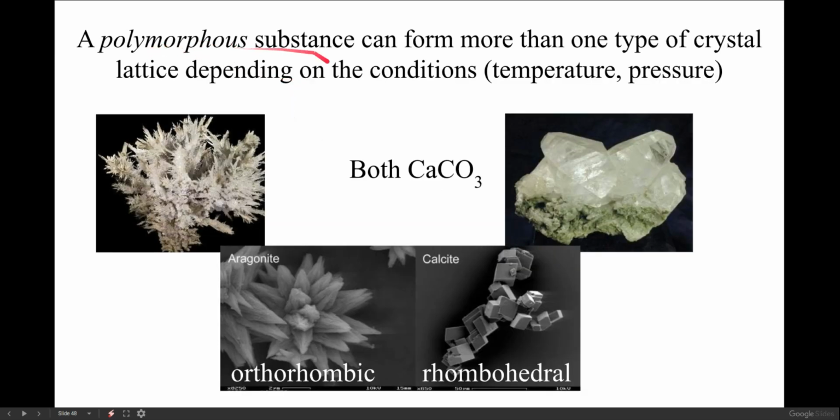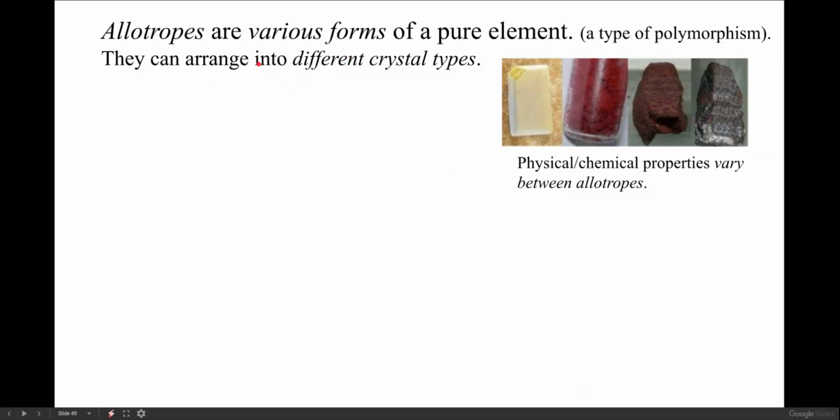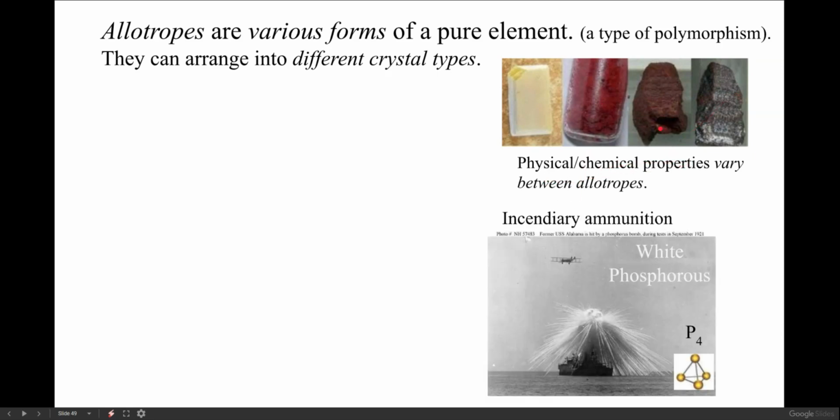Now, where polymorphous can refer to any substance, if we want to talk specifically about one element, we use the term allotrope. So there are various forms of the same pure element. Phosphorus, there's 4 main allotropes: white phosphorus, red phosphorus, violet phosphorus, black phosphorus, and their properties change even though they're technically all the same element.